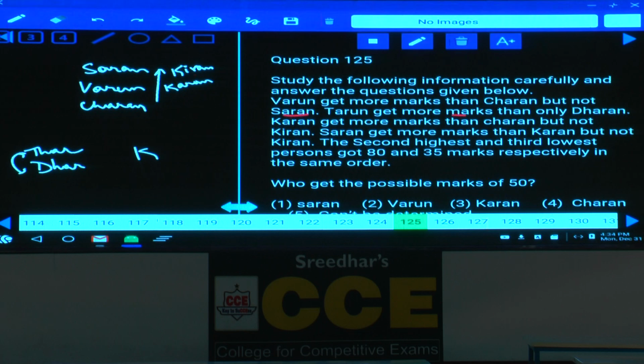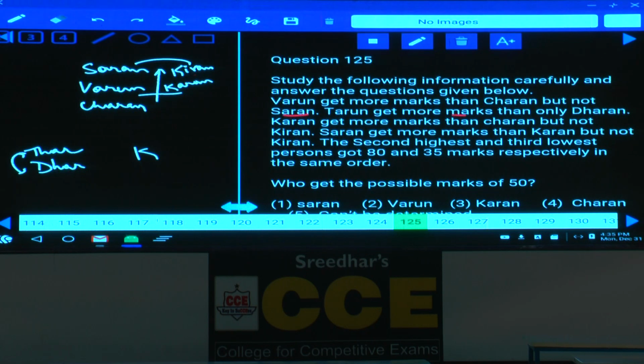The second highest and the third lowest marks persons got 80 and 85. Tell me who is the top here? Now sir, Charan or Kiran can be at the first or the second places, isn't it? And at the same time, Varun and Kiran can be at the second or the third places. Then Charan gets more marks than Karan.